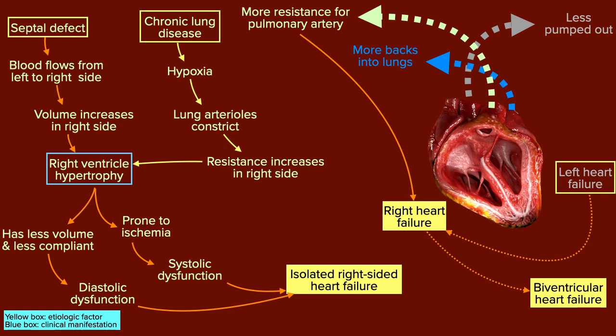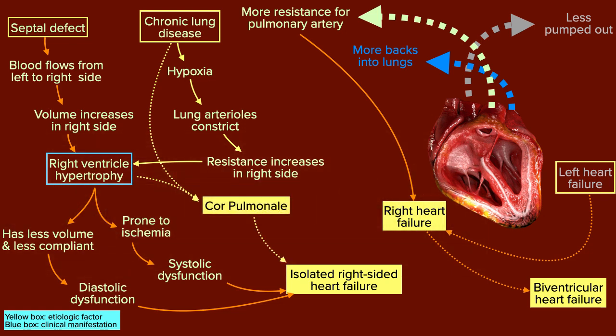This, just like before, makes it harder for the right side of the heart to pump against and can lead to right-sided hypertrophy and heart failure. When chronic lung disease leads to right-sided hypertrophy and failure, it is known as cor pulmonale.